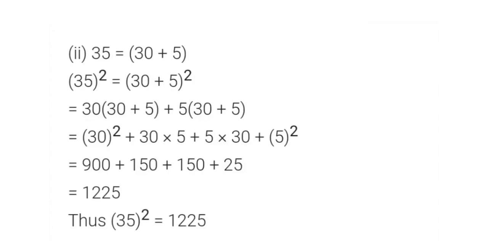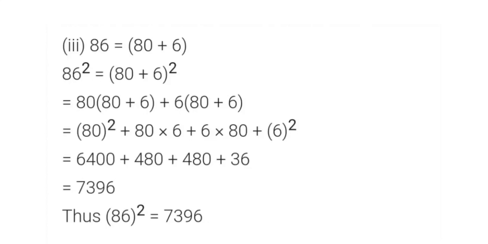So 30 into 30 plus 30 into 5 plus 5 into 30 plus 5 into 5. So 30 into 30 is 900. 30 into 5 is 150. 5 into 30 is 150 and 5 square is 25. Answer is 1225. So the square of 35 is 1225.